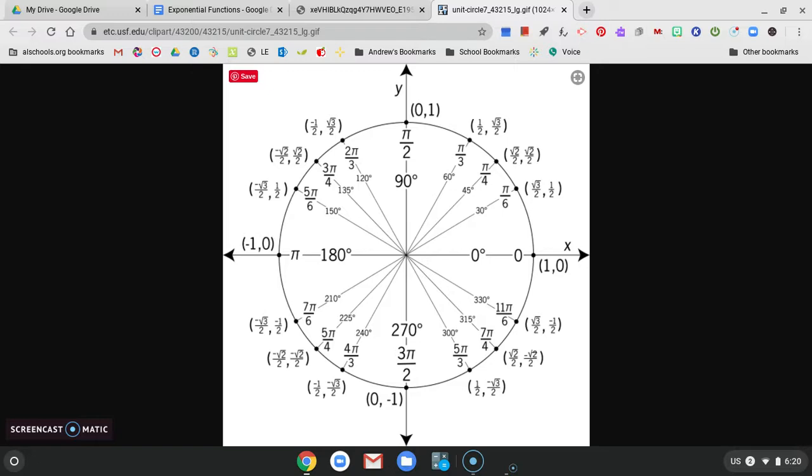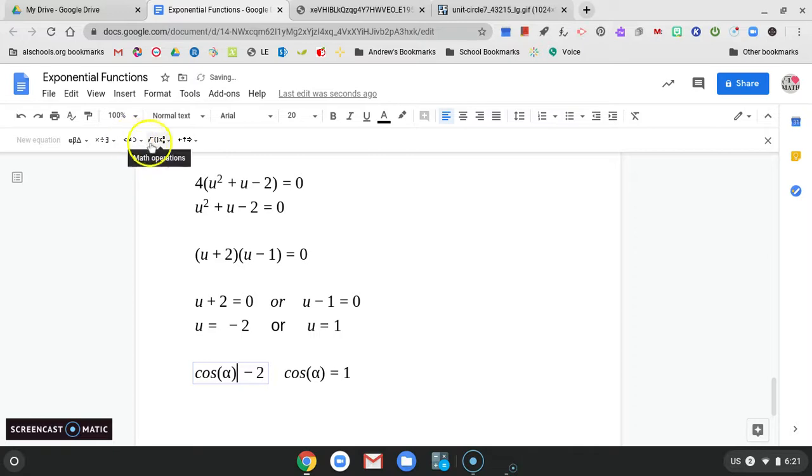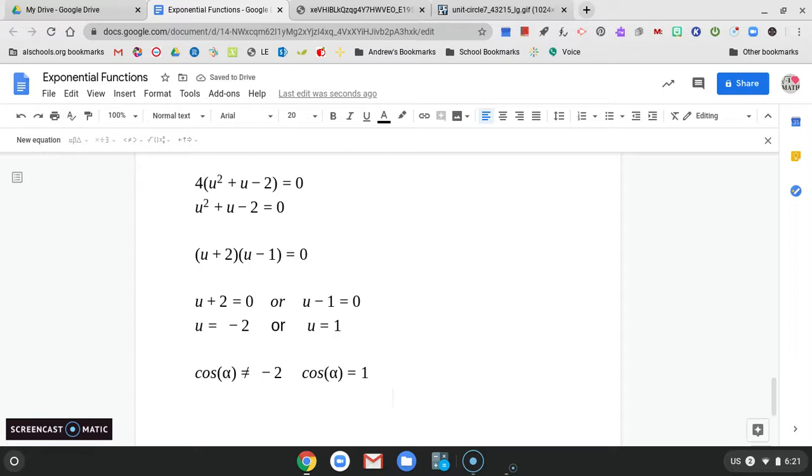If there was a 2 in front of cosine, then it would oscillate between negative 2 and positive 2. Since there isn't, cosine of alpha will never equal negative 2. Not possible. So we just need to look at when cosine of alpha is equal to 1.